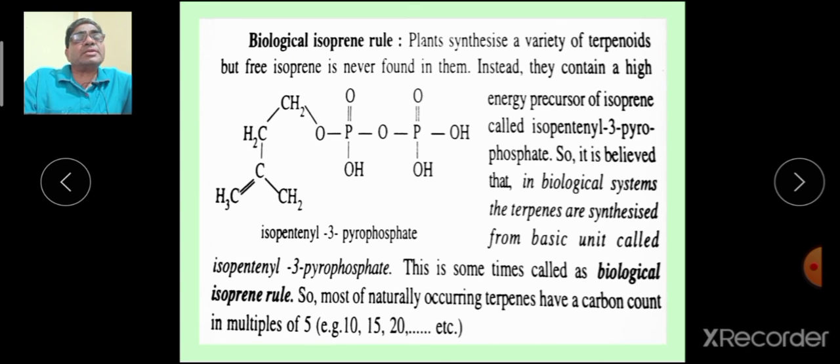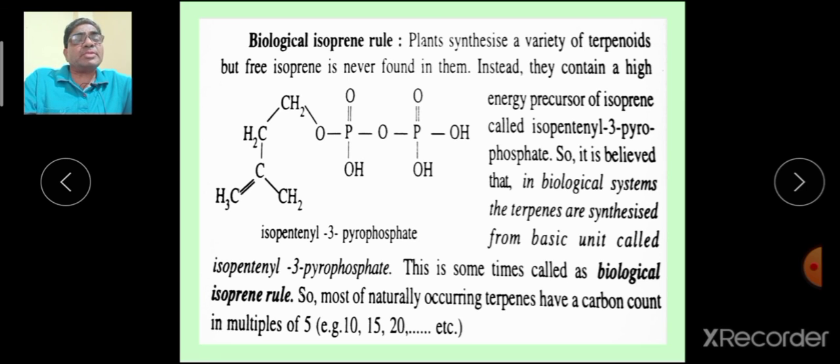Now the last one is the biological isoprene rule. Plants synthesize a variety of terpenoids, but free isoprene is never found in plants. Instead, they contain high energy precursors of isoprene called isopentenyl pyrophosphate, and so it is believed that in biological systems the terpenes are synthesized from the basic unit called isopentenyl pyrophosphate.